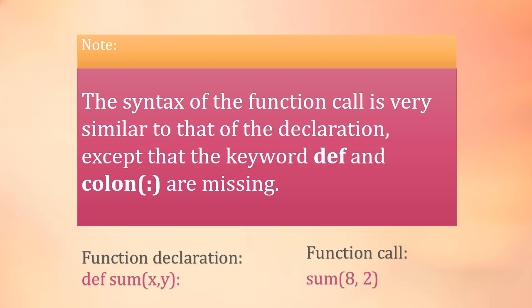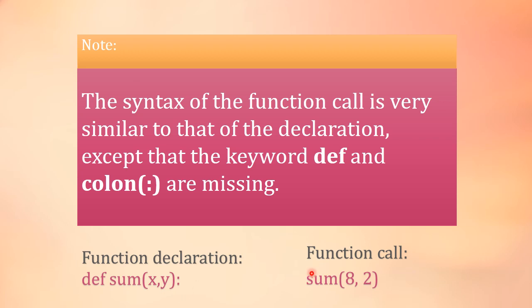So from the above examples we understand that the syntax of the function call is very similar to that of the declaration except the keyword def and colon are missing. Here there is an example for function declaration. Here the function declaration starts with the keyword def and name of the function sum and parameters x and y, and there is a colon at the end.